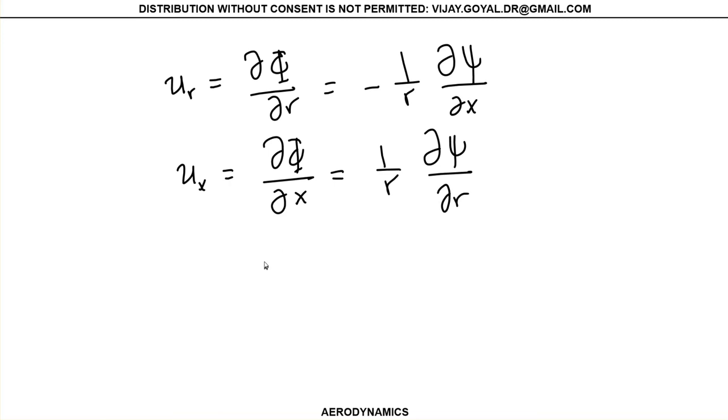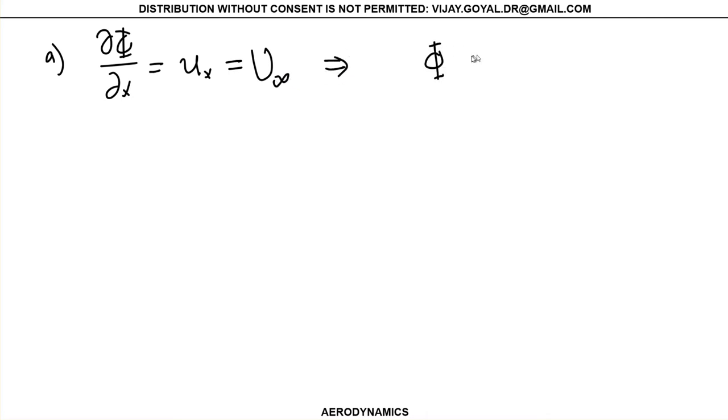So if this is true, now what we could do is the following. We can have various cases. Let's consider partial of phi with respect to x has to equal u of x. Okay, that's your stream velocity. And so we know that phi is going to equal your stream velocity times x.